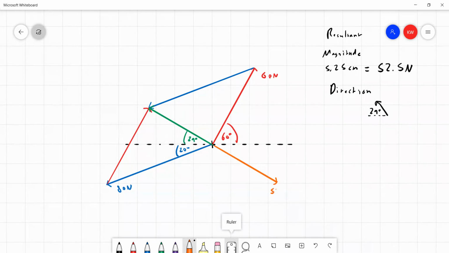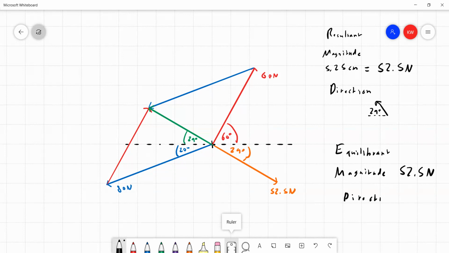So I can say it's also 52.5 newtons. It's also an angle of 29 degrees, but down and to the right this time. And for completeness, I could write this over here. Equilibriant has magnitude 52.9 newtons and direction.